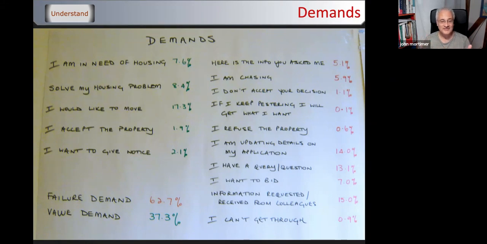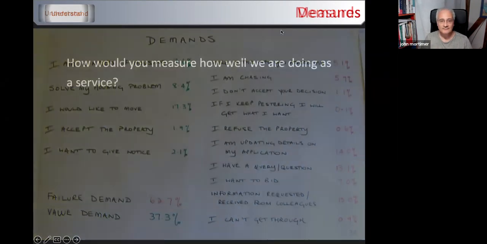What we can do with a failure demand, we can design it out. This is caused by the design of the service. So in theory, we should be able to design out up to 63% of all the demands coming in. Now, from a management perspective and a cost perspective and everything, that's enormous. So let's see what we actually ended up doing.